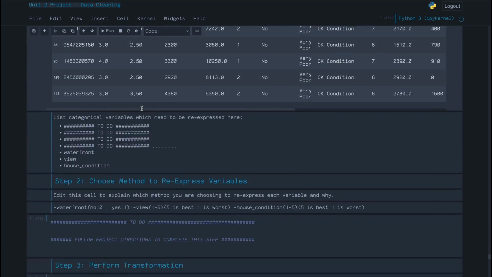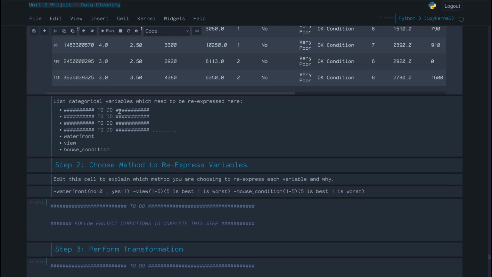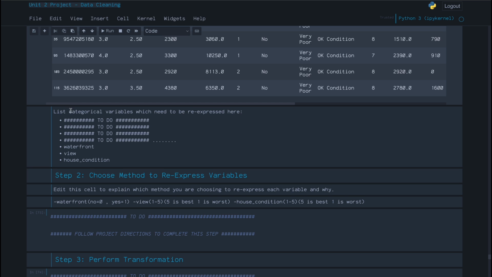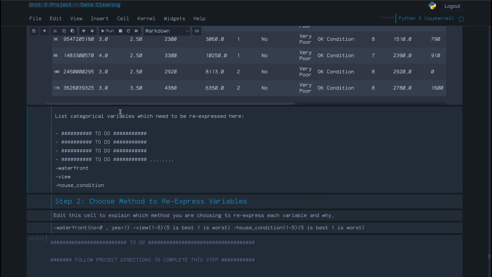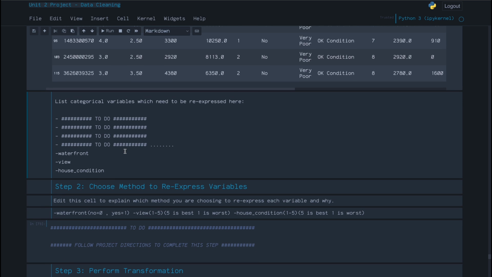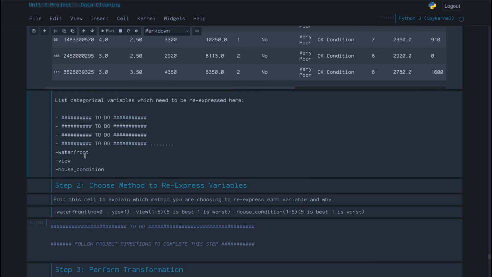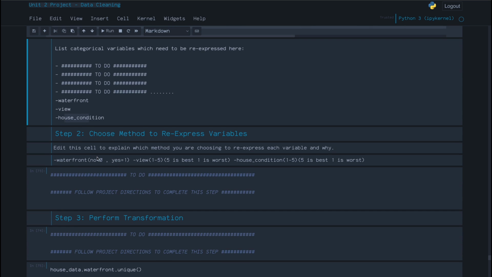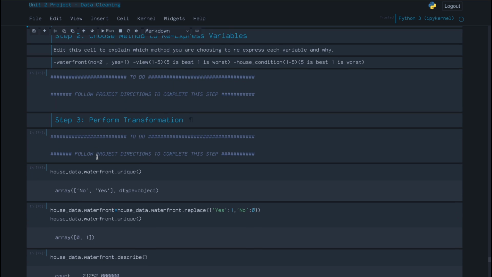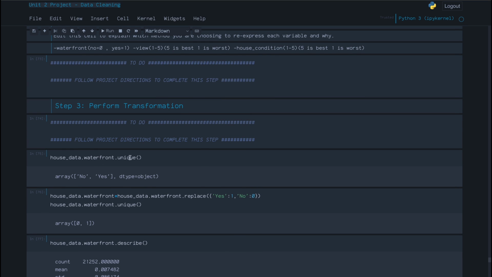And in the end here, I had to see which data was categorical. So it wasn't basically a number. It was more like a condition. So I had to change the waterfront. It's a yes or no. The view was 1 to 5. House condition was 1 to 5 as well. And I did these transformations by seeing the unique values.